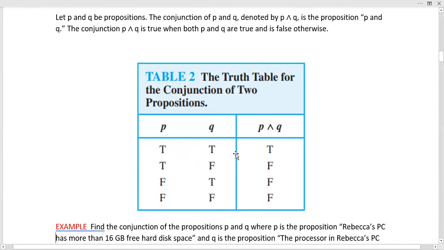What is the truth table of the conjunction? Anyone, please tell me. Charan. Roll number 4, Charan.